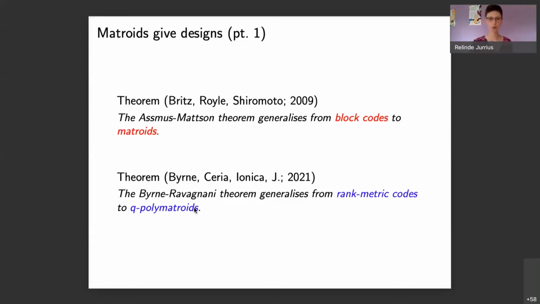Now Heidi will tell you exactly what a polymatroid is, I think. It's slightly more general than a matroid. But of course you have to work a bit for these theorems, because the theorems may look like a direct q-analogue, but the proofs often are not.